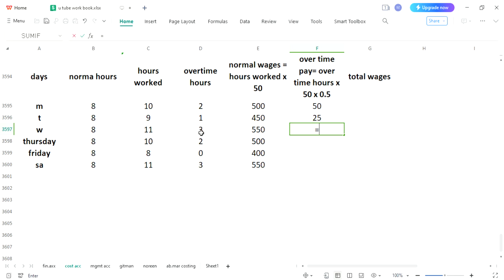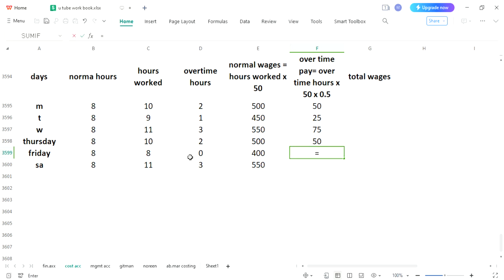For next day you have 3 hours as your overtime, multiplied by 50 per hour and by 0.5 to make it half. Next is 2 overtime hours, multiplied by 50 and by 0.5 to make it half.